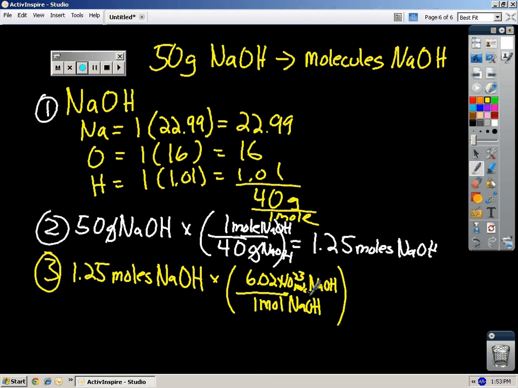So now we are able to cancel out these moles, and what I'm left with is molecules of NaOH, right? Now, since this is on top, I multiply 1.25 times 6.02 times 10 to the 23rd, or do I divide it by 6.02 times 10 to the 23rd? Which one would it be? Multiply everything on top. So I'm going to do this one.